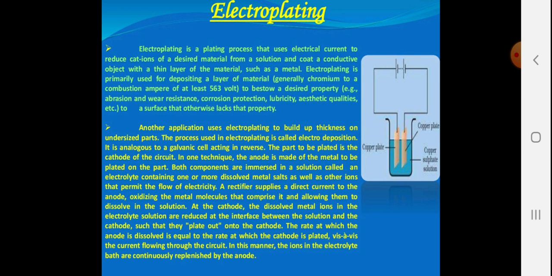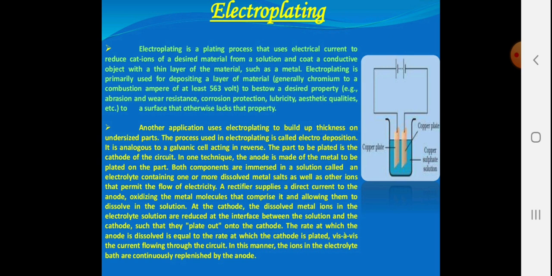Here, two copper plates are used and a copper sulfate solution is taken for the electroplating. Another application uses electroplating to build up the thickness of undersized parts. The process used in electroplating is called electrodeposition. It is analogous to a galvanic cell acting in reverse.